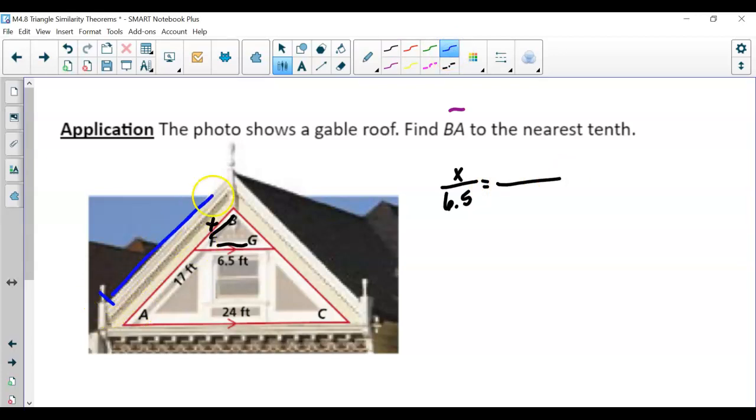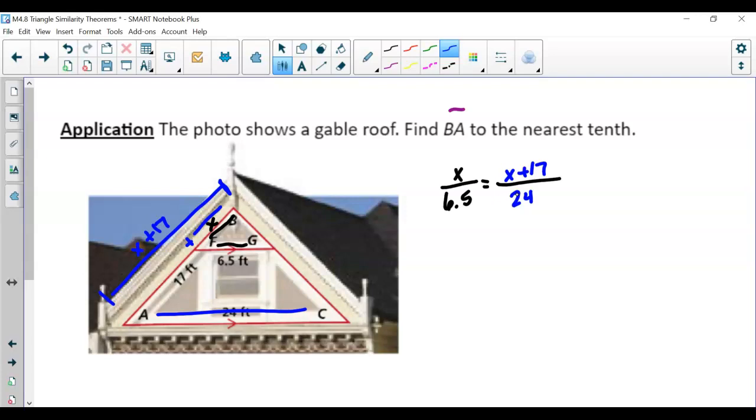No, because we need the whole side here, BA, because that's what's corresponding to BF. So we can't just put 17, we can't just put X, but the two added together make BA. So this is X plus 17. So X plus 17 is corresponding to 24. Notice now how we have those corresponding sides equal to each other.